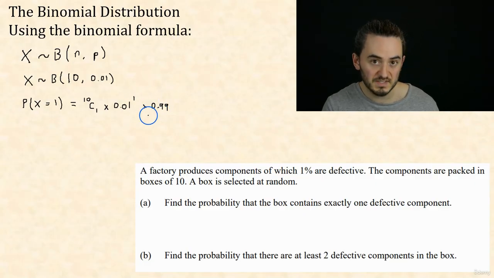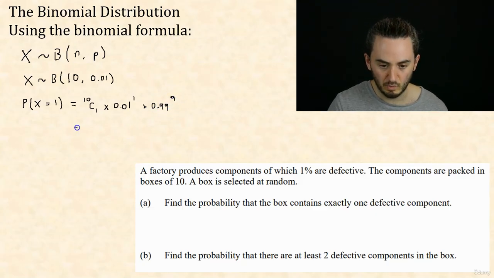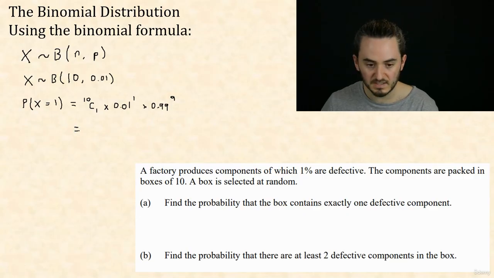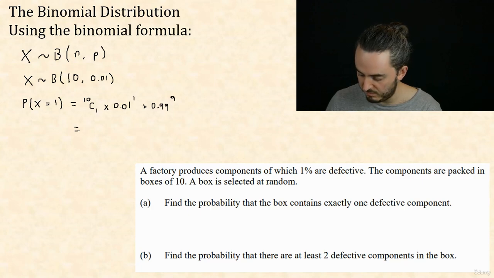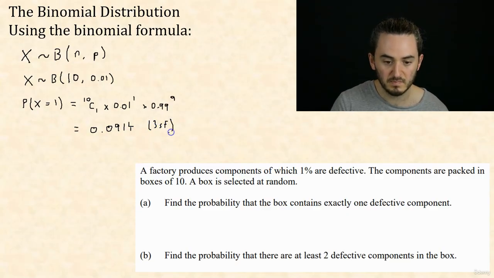If we had 1 success out of the 10 attempts, then it must have been 9 failures. All of that we can key into the calculator: 10 choose 1 multiplied by 0.01 to the power 1 multiplied by 0.99 to the power 9, and our answer is 0.0914, rounded to 3 significant figures.